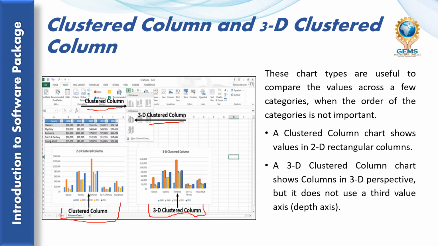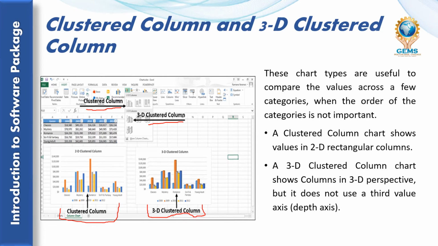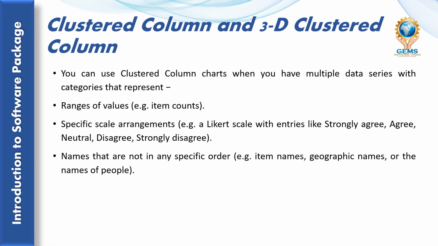The clustered column and 3D clustered column can be used for multiple data series with categories. They represent ranges of values, specific scale arrangements, and names that are not in specific order. An example of a range of values is item counts. Scale arrangements are like strongly agree, agree, neutral, disagree, strongly disagree, and so on. Names not in specific order are item names, geographic names, or the names of people.